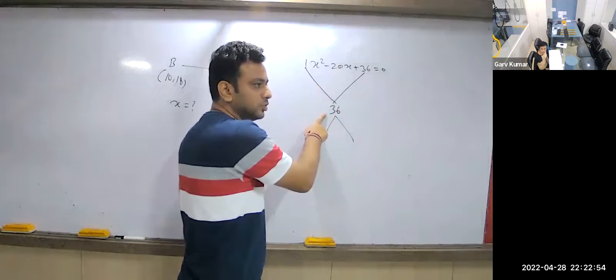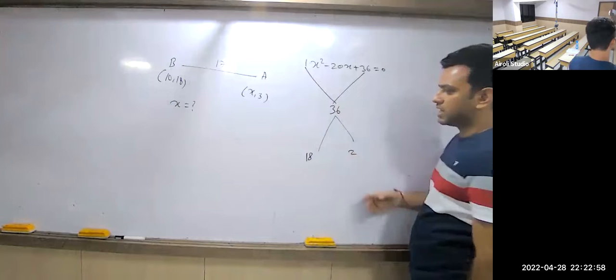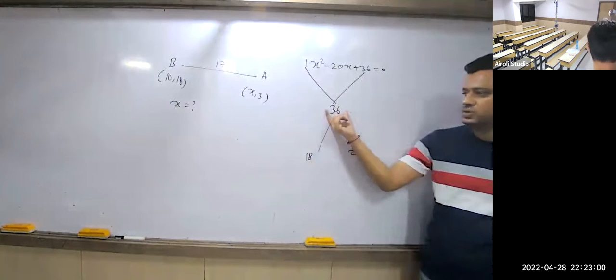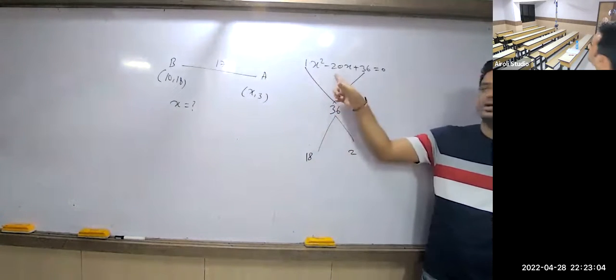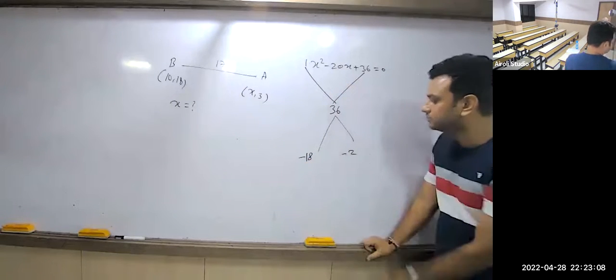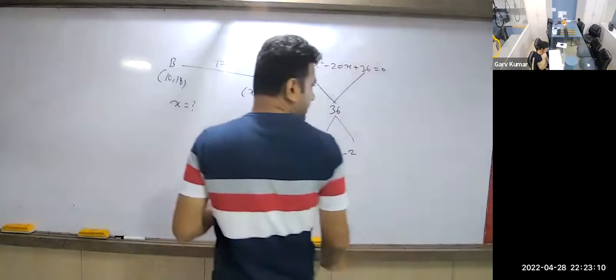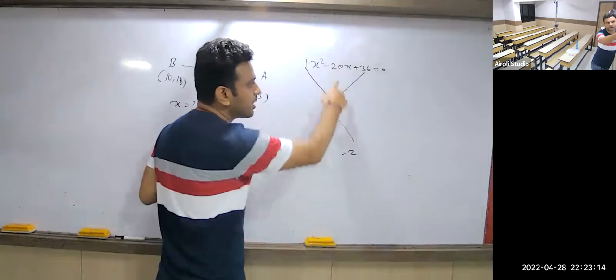Okay, so which will be positive and which will be negative? Actually, I want product of these two as 36. I'm getting that, but I'm not getting minus 20. For that, I have to put both the signs as negative. Clear? If I add minus 18 and minus 2, it will become minus 20.